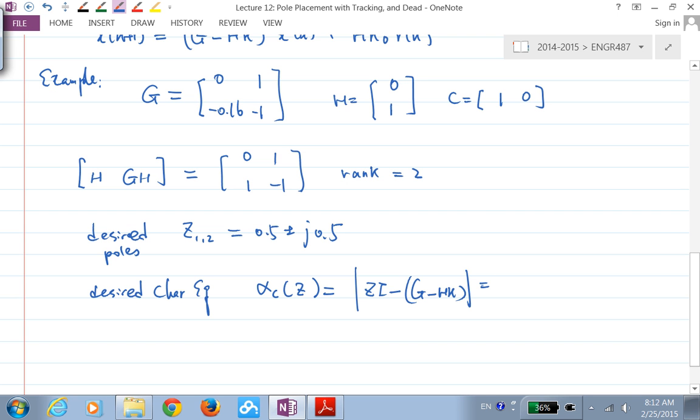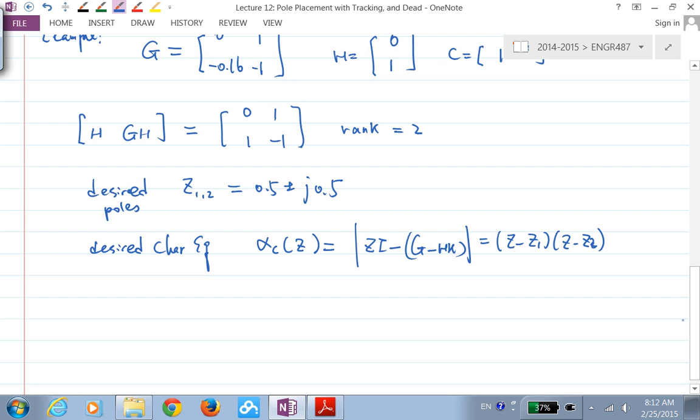Because we're given the desired pole location, the desired polynomial is z minus z1 times z minus z2.